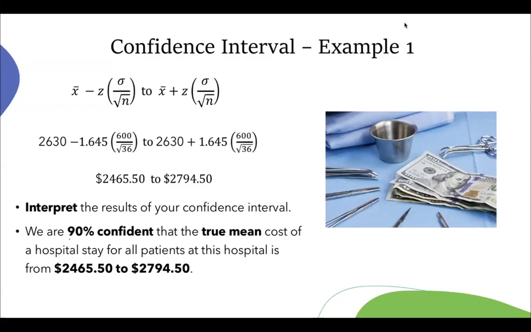So we always state our level of confidence, and we state what we're trying to estimate. We're trying to estimate the true, and you may even want to add in here population mean to really stress that we're estimating the mean of the population. That's what we don't know. And then we state what it is we're measuring. In this case, it's the cost of a hospital stay. And then we state our confidence interval.